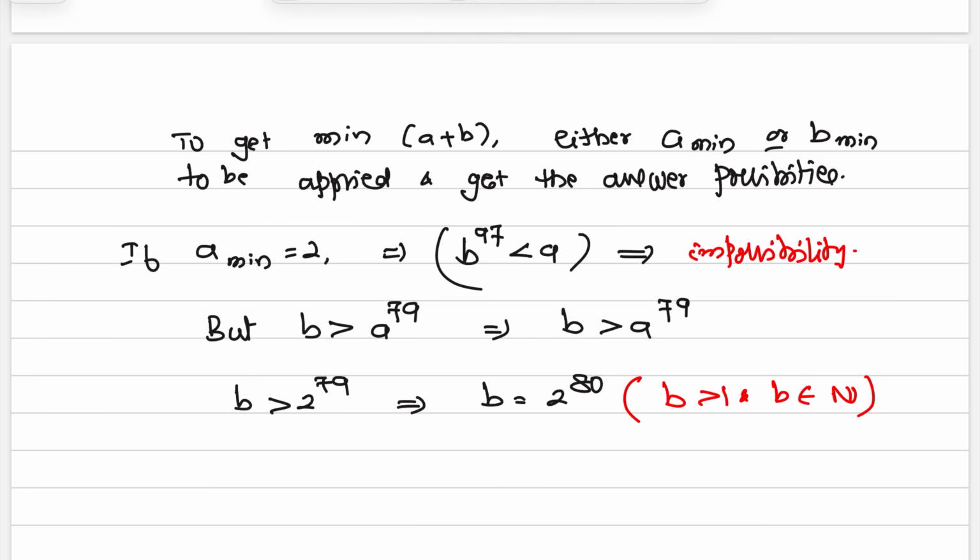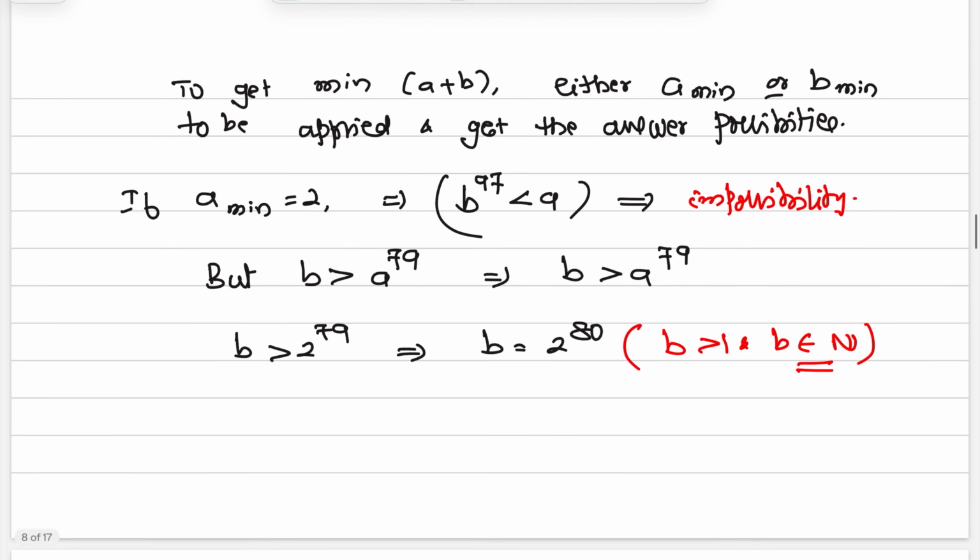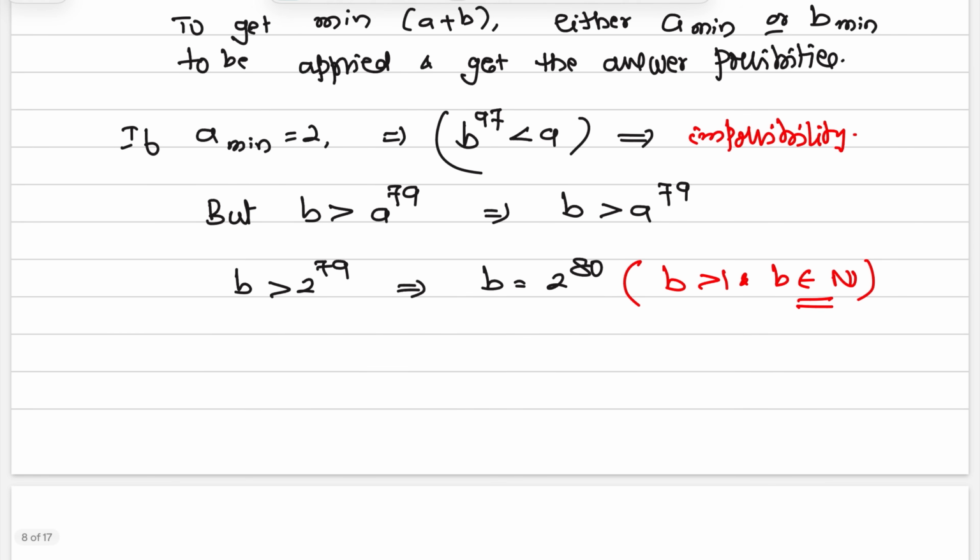It cannot be 2 to the power of 79 by 2. It cannot be 1.1 into 79. It cannot be 2 to the power of 1.2 into 79. It should be 2 to the power of 80 only, because it belongs to the natural number set. Hence, if a minimum is taken, this is the value.